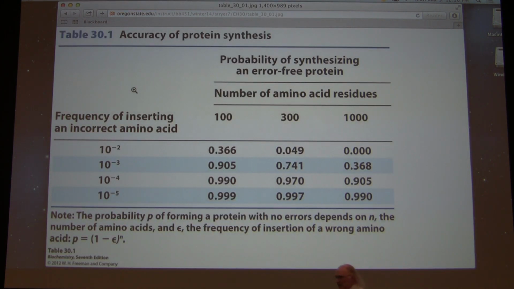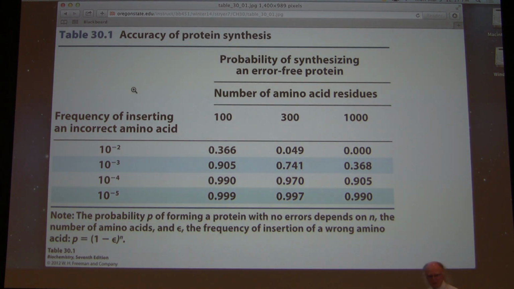We've talked about accuracy with respect to transcription, and we've talked about accuracy with respect to DNA replication. Now we need to think a little bit about accuracy with respect to translation. Cells actually have some proofreading that they do of translation, but not to nearly the extent they do with DNA or even with RNA. The reason, again, is because in proteins, it's okay to make a little bit of error.